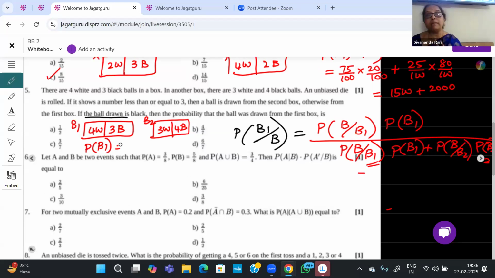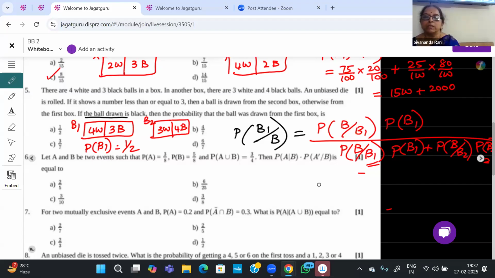When a number more than 3 occurs, no? What are the numbers more than 3? 4, 5, 6. What is the probability of that? Half. Half only. Yeah, but he has given it as though it is very tricky. He could have changed it. Okay. Anyway, here they're both equally likely.